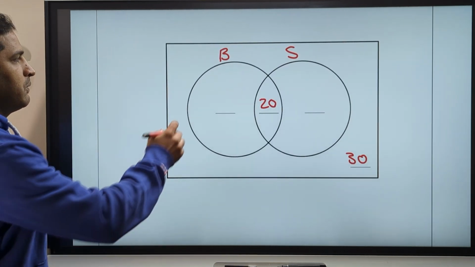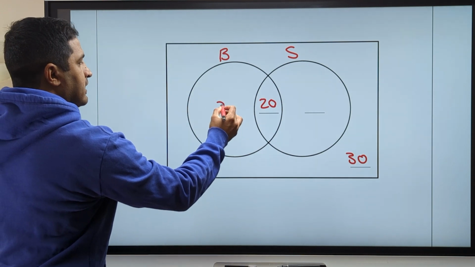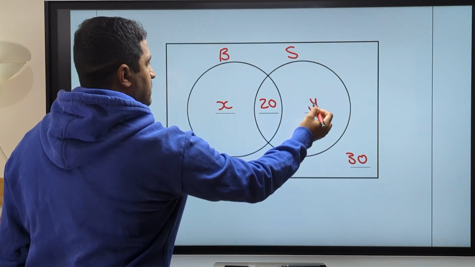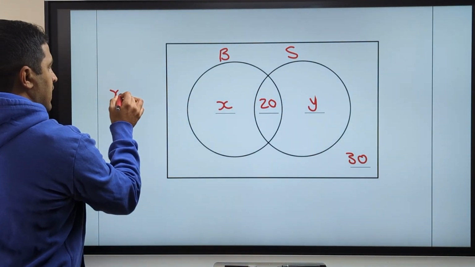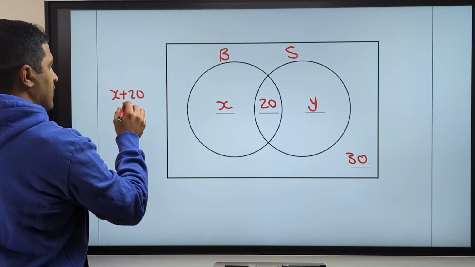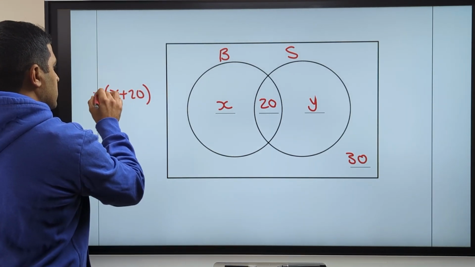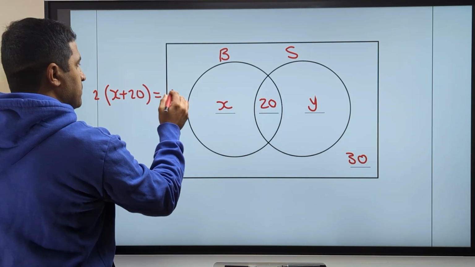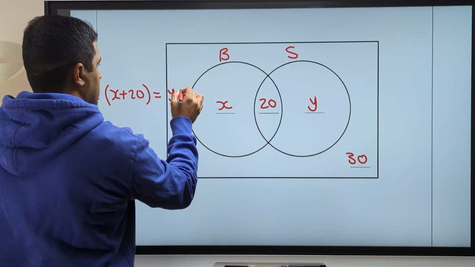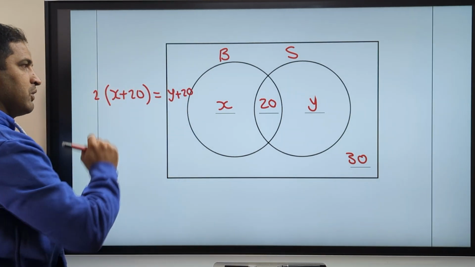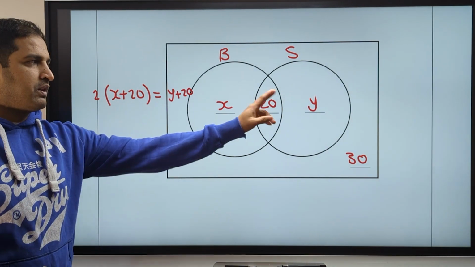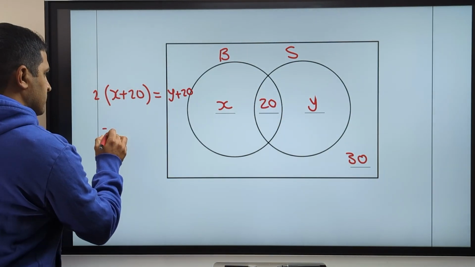Okay. So whatever that number is, let's say x, and let's say that number is y. So when I do x plus 20 and multiply by 2, that gives me y plus 20. That's one of the equations. Another one, x plus y should be 50.